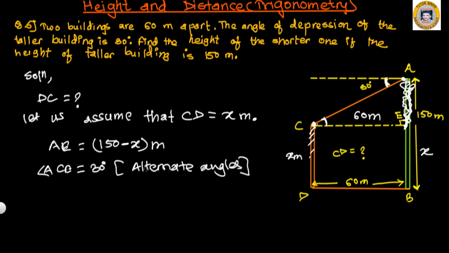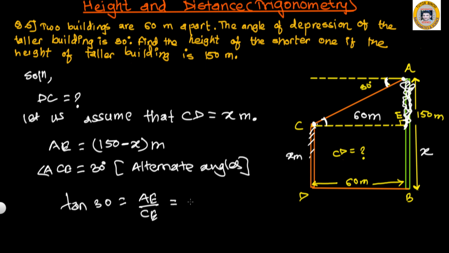So I can use tan 30 in the figure ACE. Tan 30 is perpendicular, which is AE, over base, which is CE.